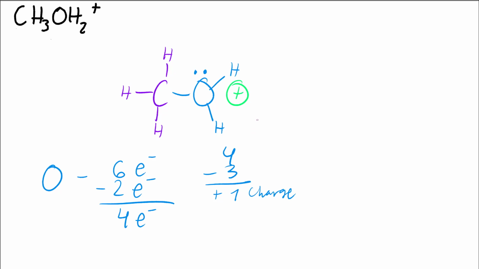For this case, oxygen has 6 electrons, carbon would have 4 electrons, right off the bat. And we would then subtract the electrons from the lone pairs, each individual electron, right? So 6 minus 2 is 4, and then subtract the bonds in total. So that's 3 bonds. So 6 minus 2 is 4, and 4 minus 3 is positive 1. And so that's how you would do that problem whenever you're asked to make a molecule and assign formal charge.